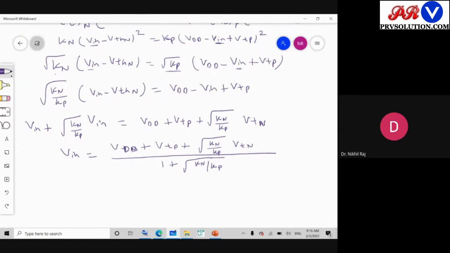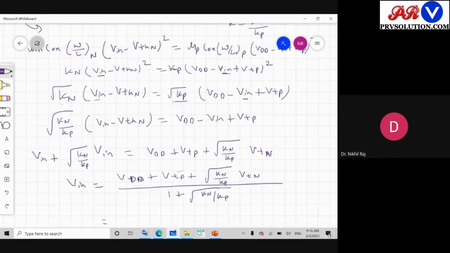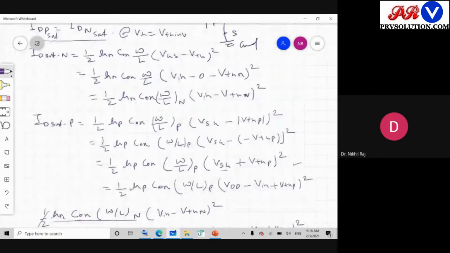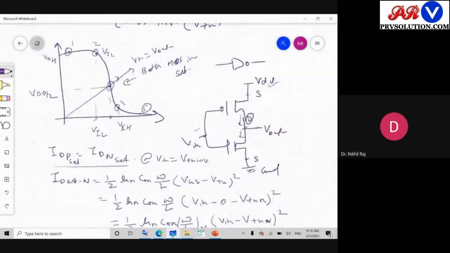From here we will derive some expressions. Now if you see here, this Vin is a function of the threshold voltages as well as the Kn by Kp ratio. Now we know for an ideal, symmetrical inverter, what should Vin be? Vin should cut at VDD by 2 such that the output is also VDD by 2.